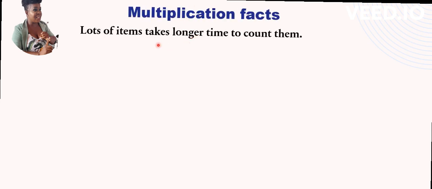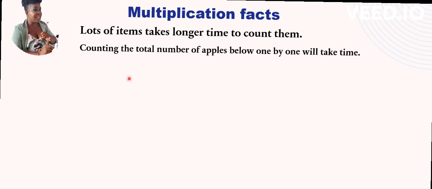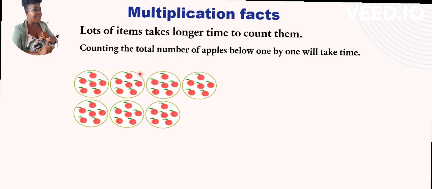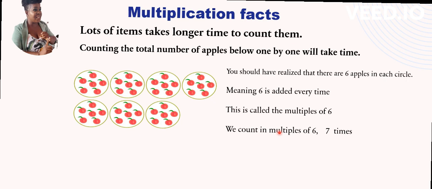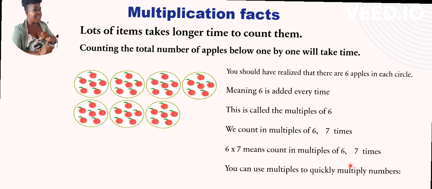Lots of items take a longer time to count. Counting the total number of apples below one by one will take time. You should have realized that there are 6 apples in each circle, meaning 6 is added every time. This is called the multiples of 6. We count in multiples of 6, 7 times. 6 by 7 means count in multiples of 6, 7 times.